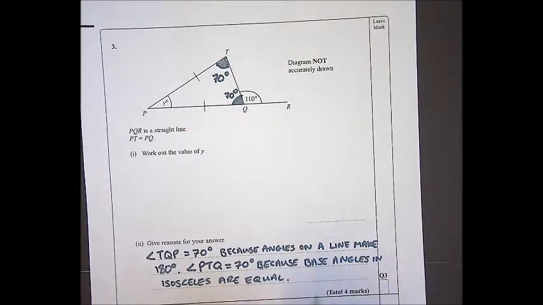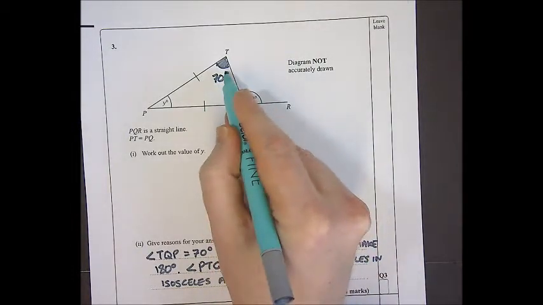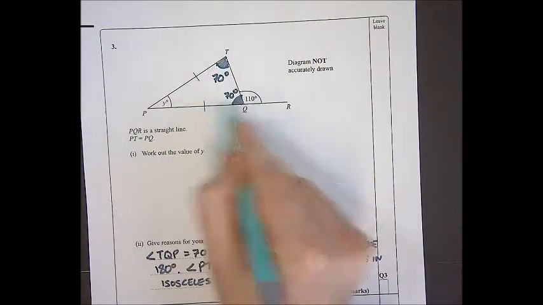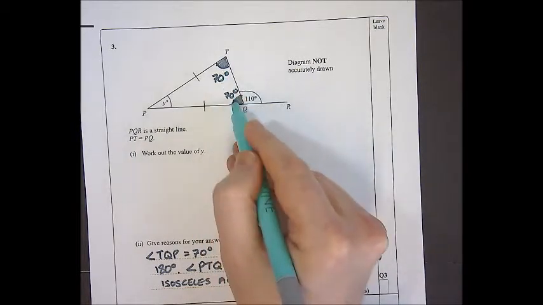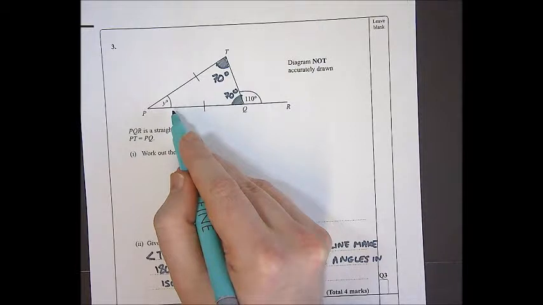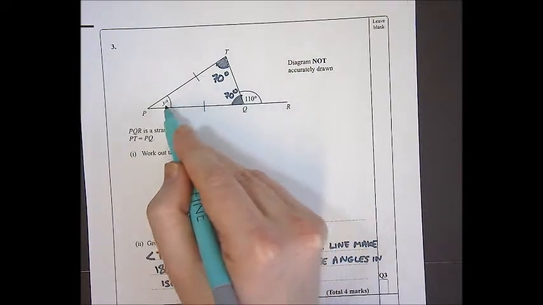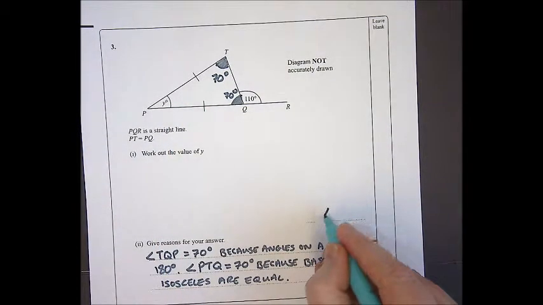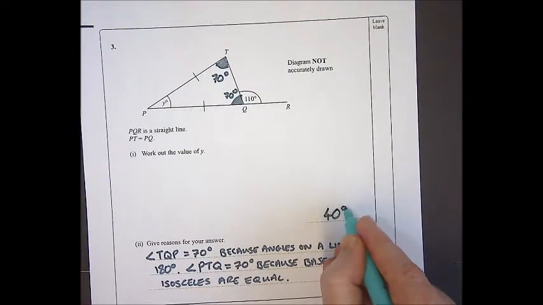And finally, you'll notice we have 3 angles here in a triangle. So 70 plus 70 is 140. I know these three angles make up 180, so the final answer must be 40 degrees. 40 degrees, 180 take away 70, take away 70.